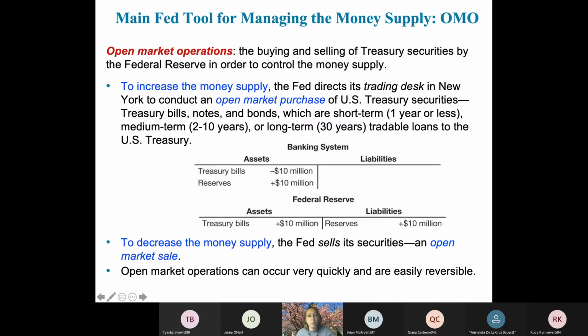And then they offer them a good price and the banks buy the treasury bonds. And there's suddenly less money on reserves, so they cannot make as many loans as before. So these kinds of open market operations can happen any time of the day. They can be reversed, right? So if too much was bought, they can sell instead. So it is very flexible.